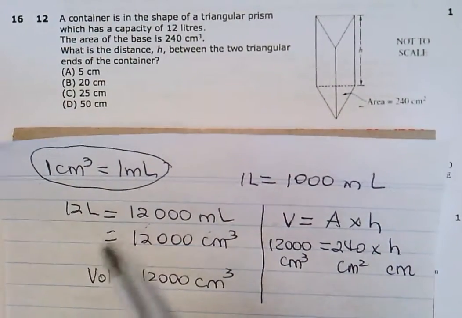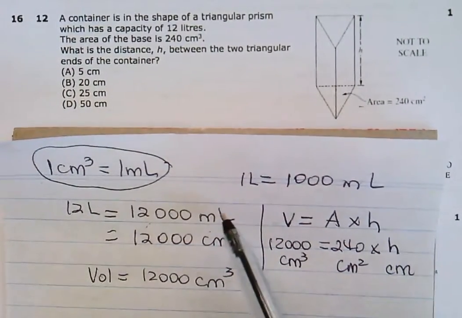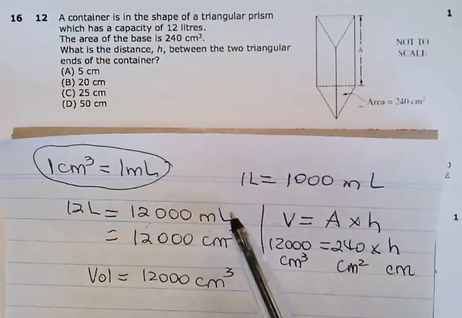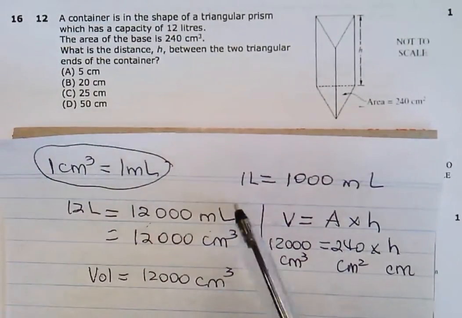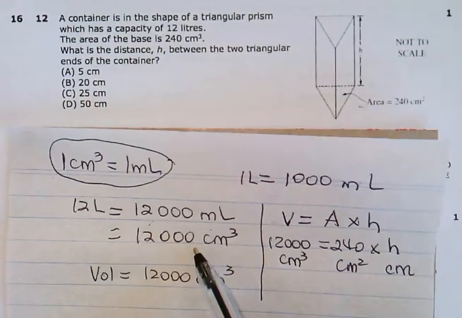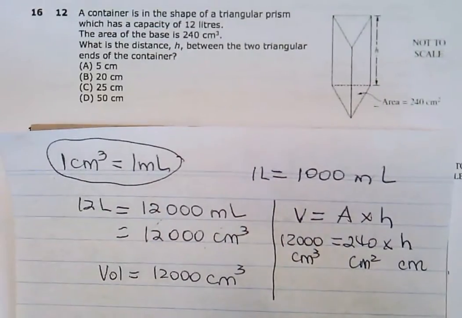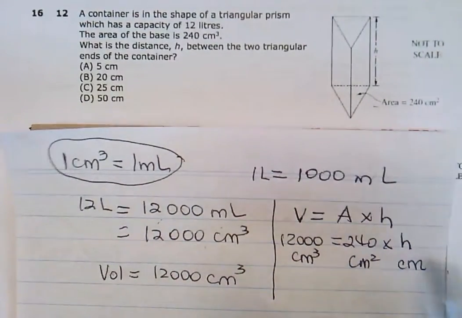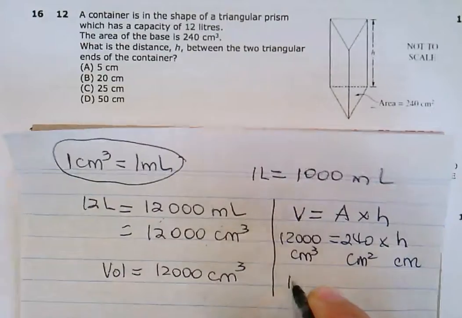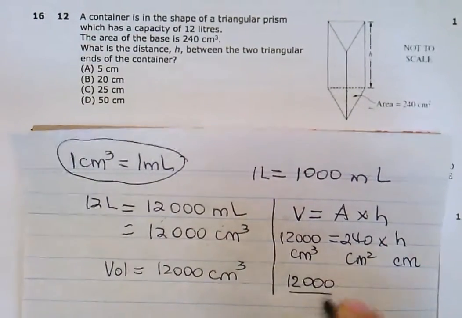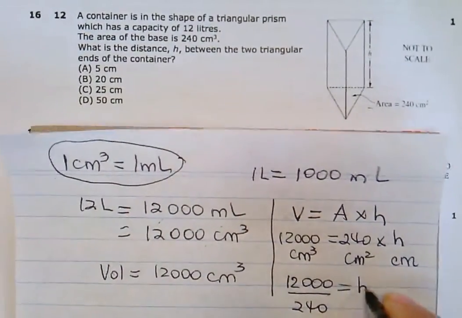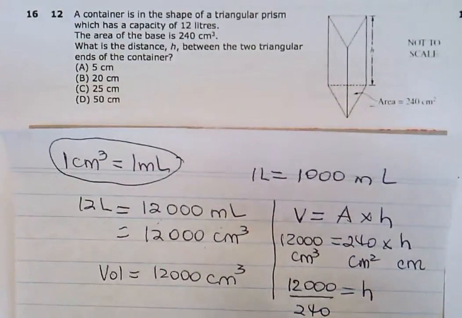Do you know why I needed to change the 12 litres into the 12,000 mils? Because I know that 1 mil is 1 centimetre cubed, I was able to convert to the units of volume. Work out the height. Anyone? So 12,000 equals 240 times h. That's right. So 12,000 over 240 will give me the height, which is 50 centimetres.